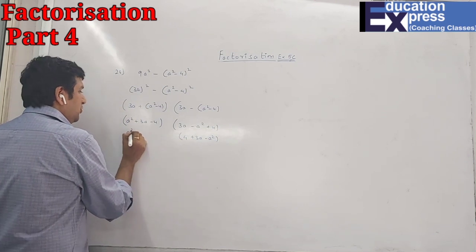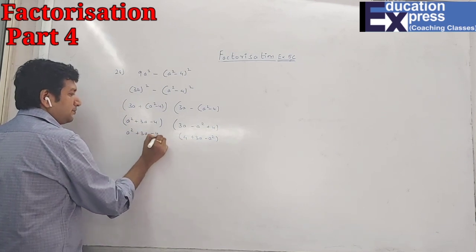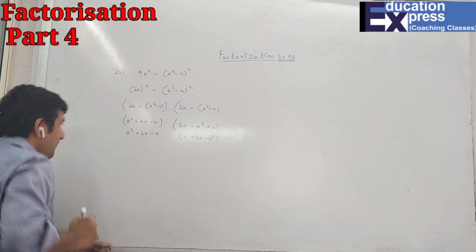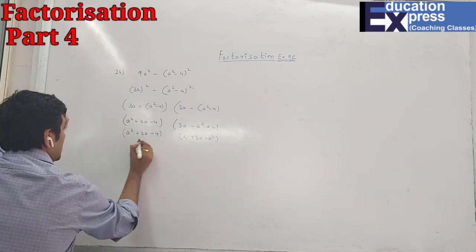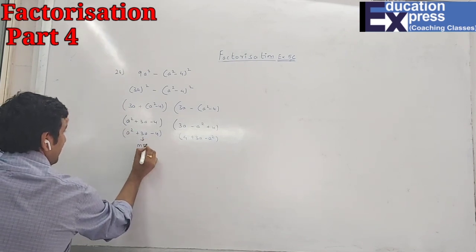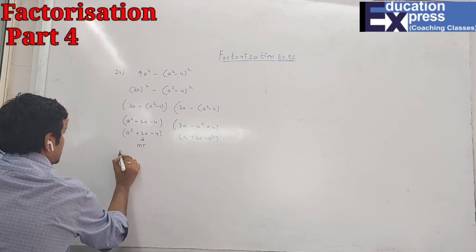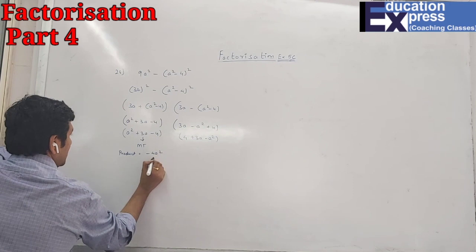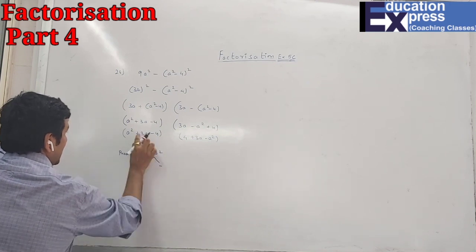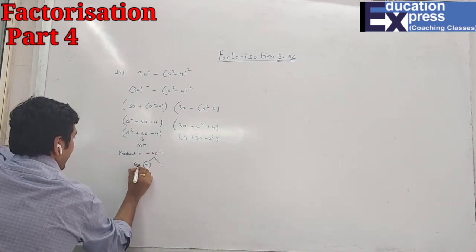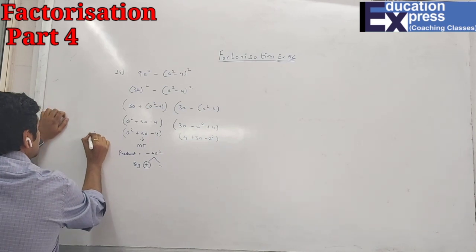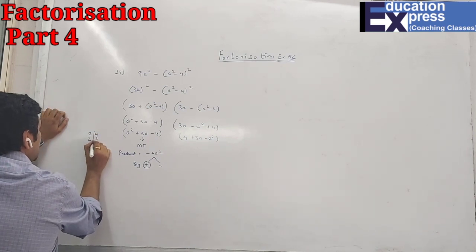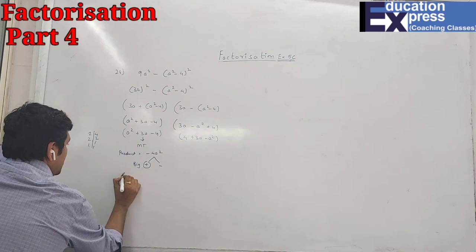So now you have to again think of splitting the middle term. What is the middle term? 3a, and the product is minus 4a square. That means plus and minus, and the bigger number will get plus. The factors of 4 are 2 and 2, or 1 and 4, and we know 4 minus 1 is 3. So we will easily get it.